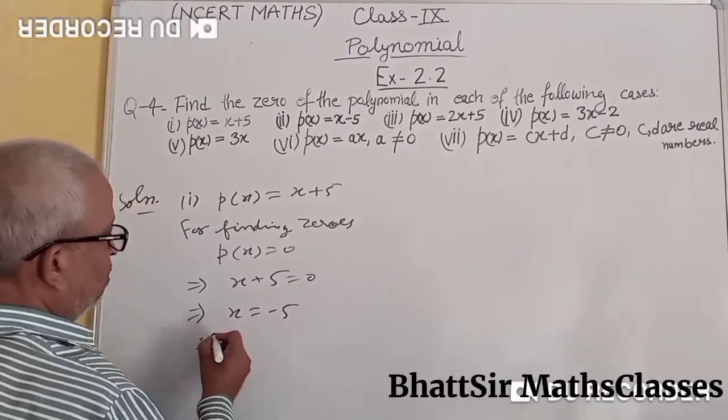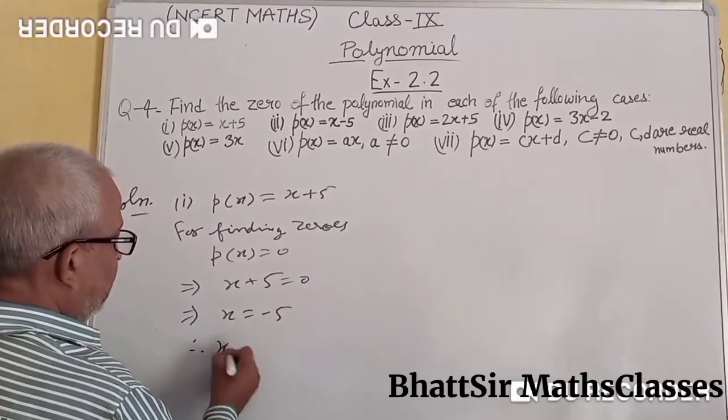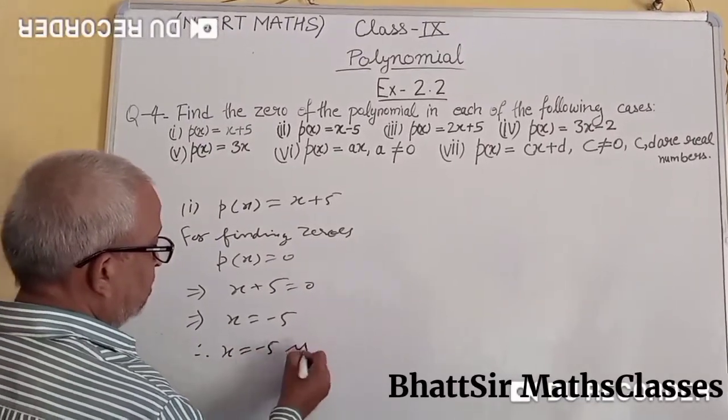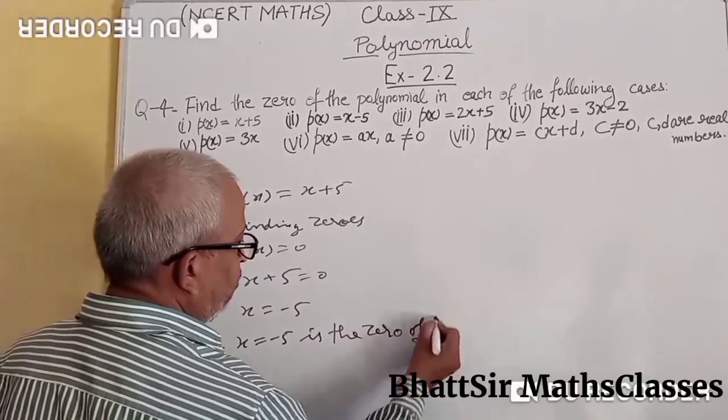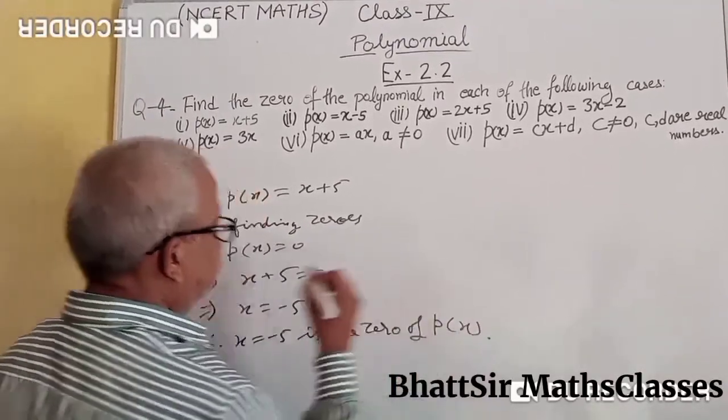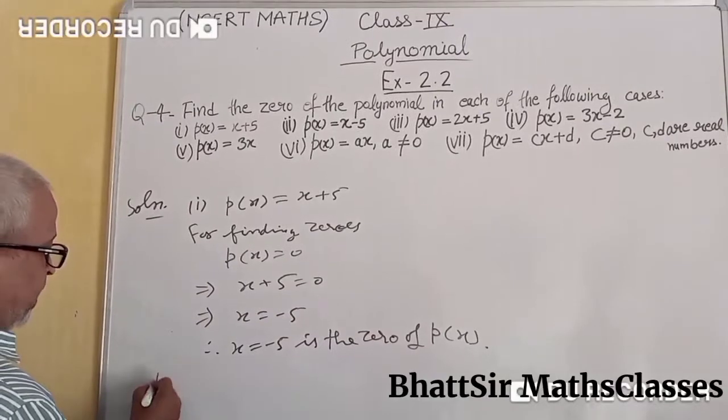Therefore, x equal to minus 5 is the zero of P(x).